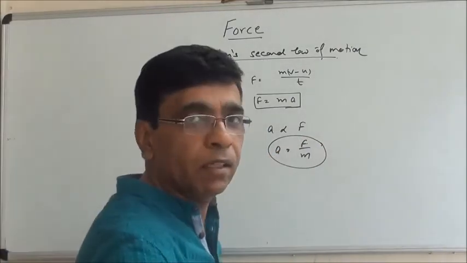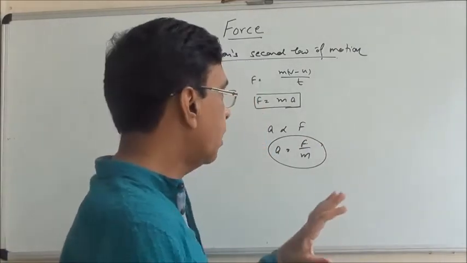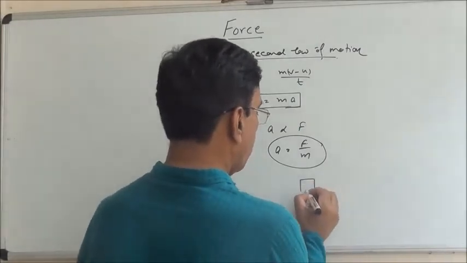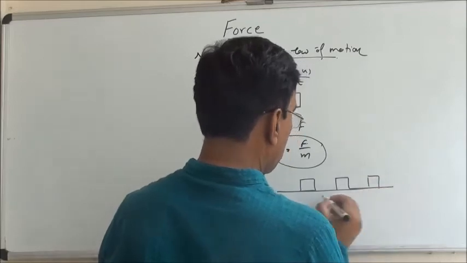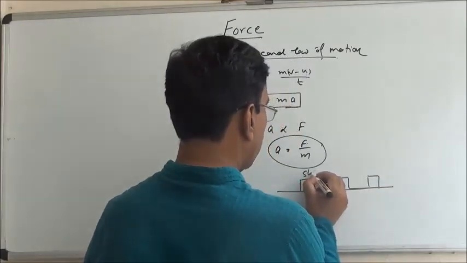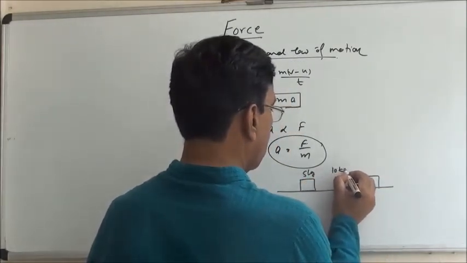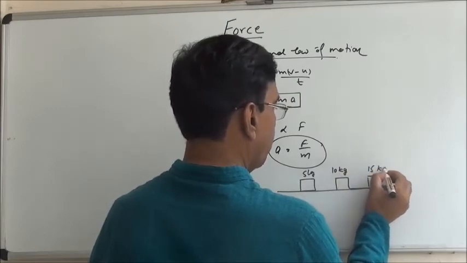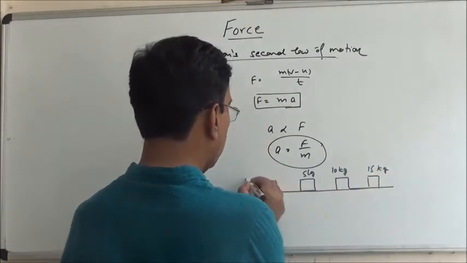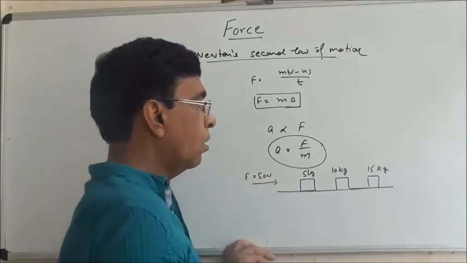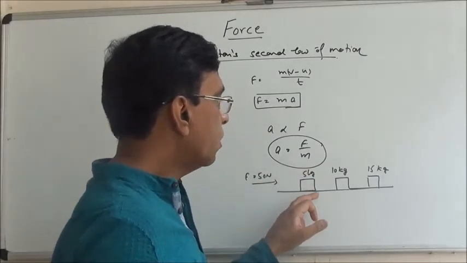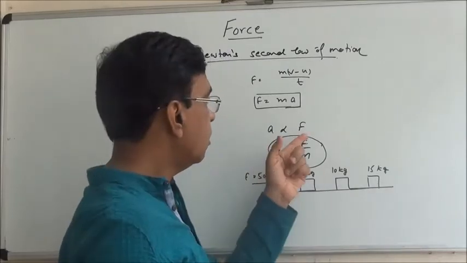What does it mean? When we apply a force, say we have 3 bodies, 5 kg, 10 kg and 15 kg, and I am applying a force of 50 Newton. So acceleration will be different. Acceleration is force upon mass.